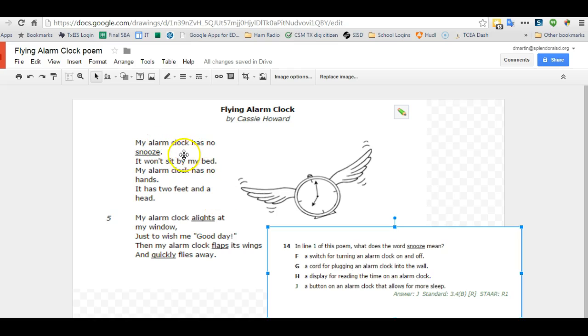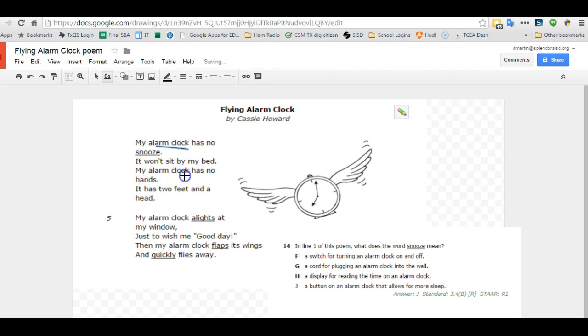And we see that clue because the author talks about my alarm clock, my alarm clock, my alarm clock, my alarm clock. So we're definitely talking about a device here, but we're not talking about somebody taking a snooze.